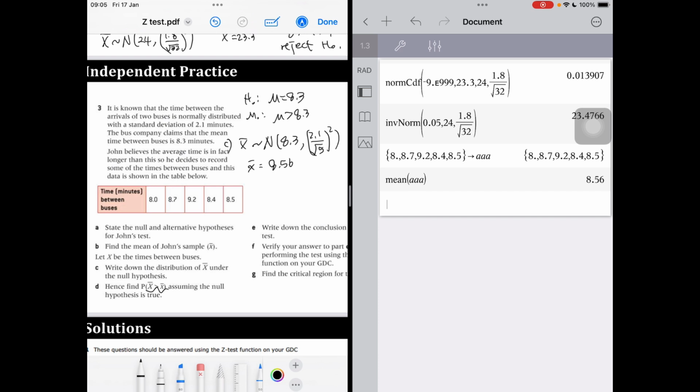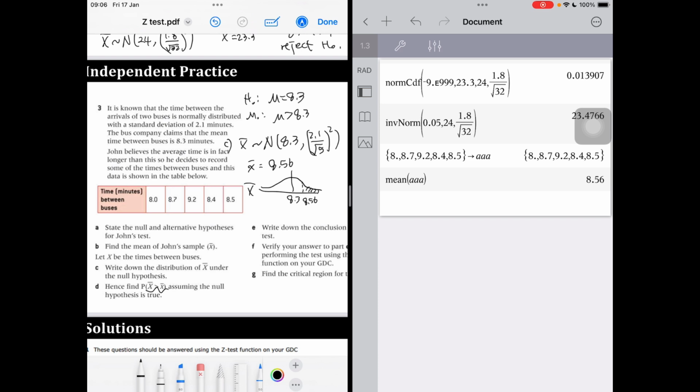And let's find this one. Here, 8.3, this is the X bar distribution, and we want to know the probability of larger than 8.56. Always we are trying to find the extreme level. The alternative hypothesis is larger than 8.3, so we need to find the probability from 8.56 to the right side.